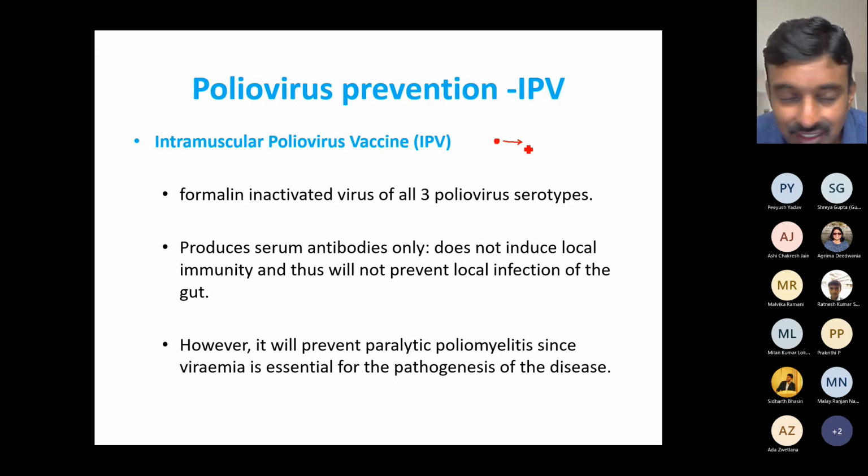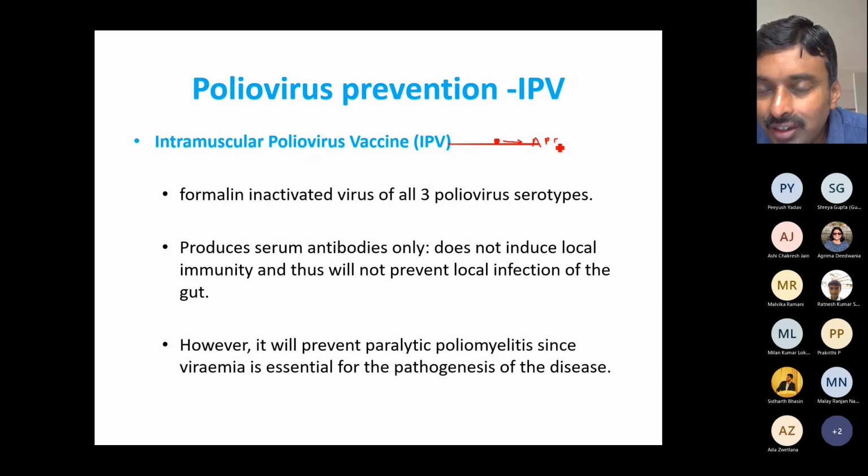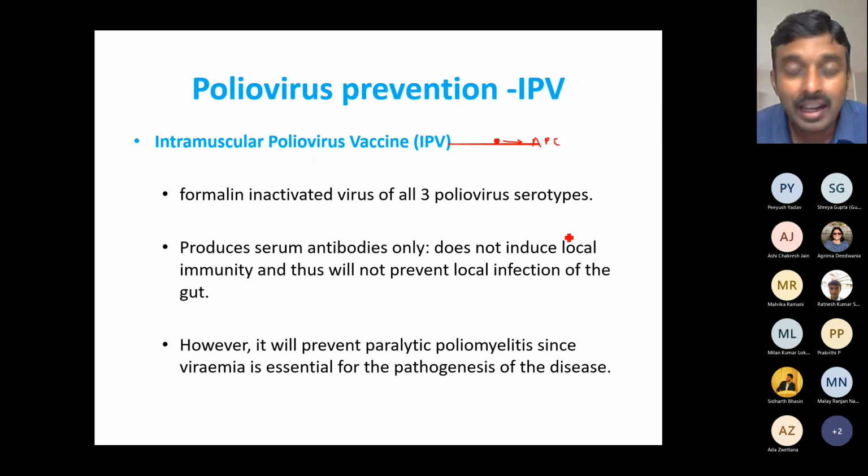So let's say this is the virus. You get it injected in your shoulder or your deltoid muscle, and then there are cells which are referred to as APCs. What does APC stand for? Antigen presenting cells. They are usually macrophages; tissue resident macrophages could do this.